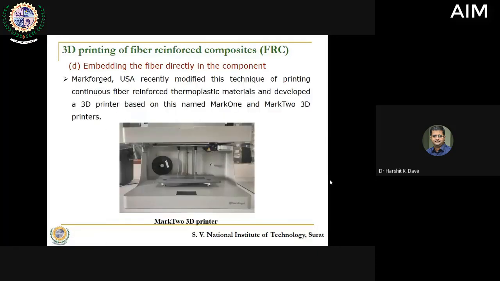Now in this case I will discuss our own experiments. A machine known as Mark II 3D printer is commercially available through Markforged USA, and here what they do is they are able to print continuous fibers along with the polymers, and that would help us to print a composite.